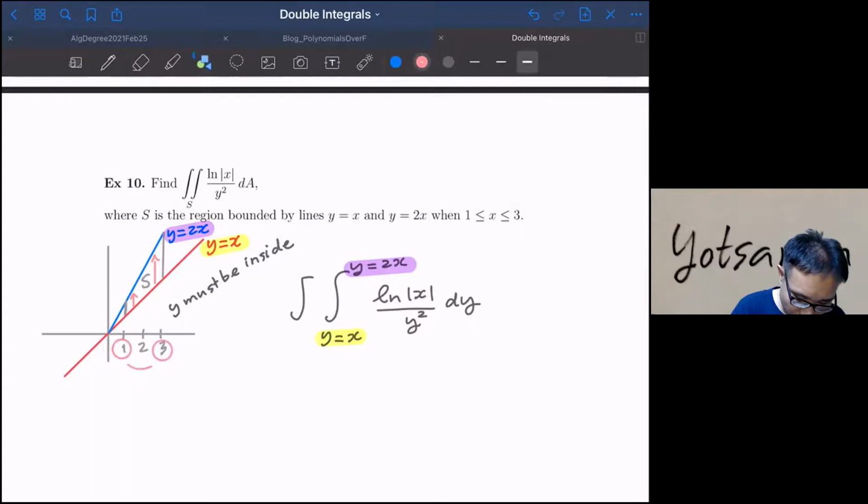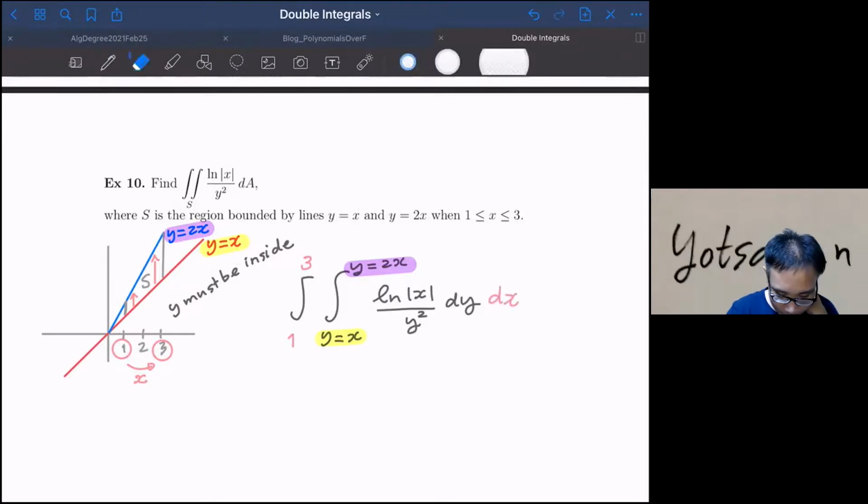So this one will be your x that is going to cover from 1 to 3, for dx. So you see that this is the setup that we can do from this picture. And I'm going to leave you to do the integral, similar to example 8.